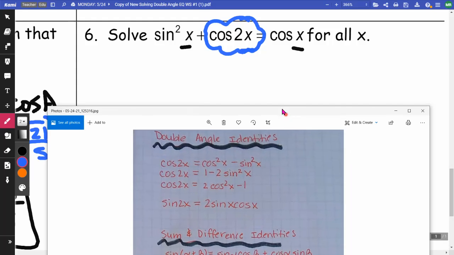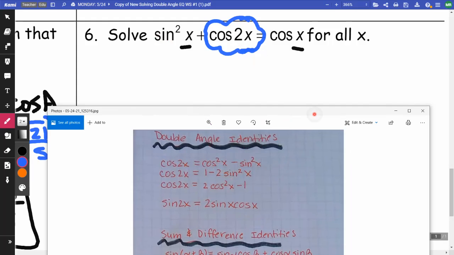So I think I'm going to use this first one because the second one is a 2 sine squared, and this is just 1 sine squared. So I'm still going to have a sine squared and a cosine. I don't want that. I'm going to try to either get cosines or just sines. So I think I'm going to use this first one.